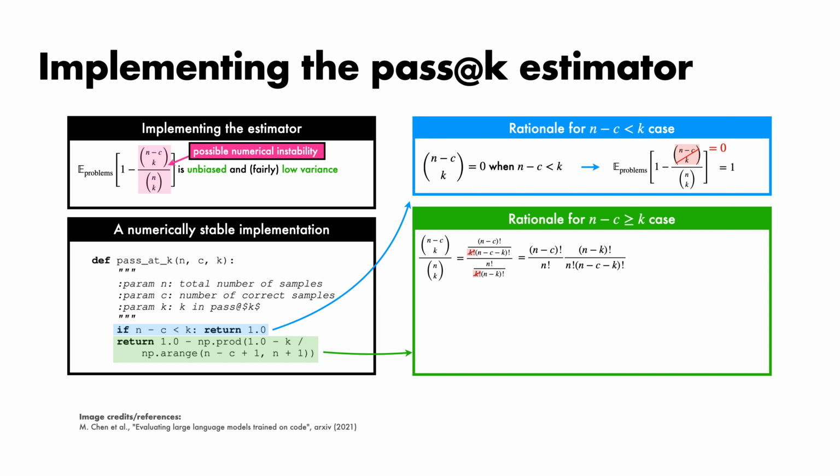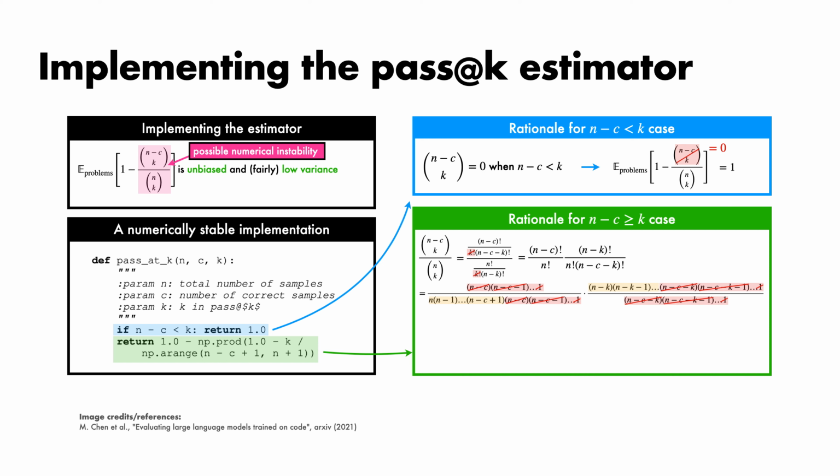Then, let's bravely expand out each factorial. Again, we can see a lot of cancellation opportunities. We can cancel this term, and we can also cancel this term and this term. What we are left with are c terms on the top here, and c terms on the bottom here.